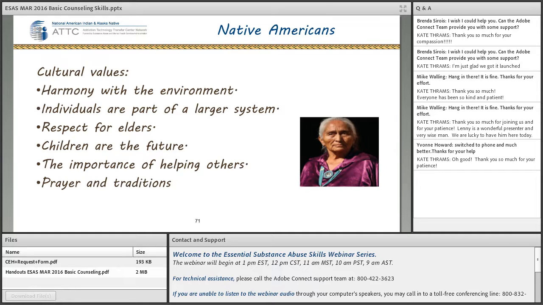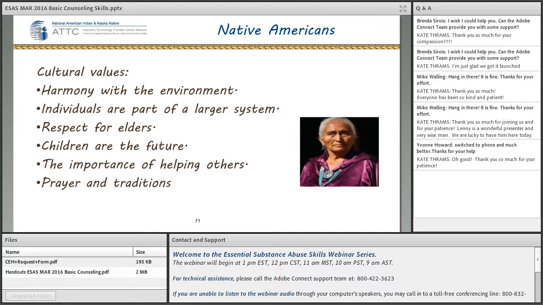Each person is seen as part of a larger system: the natural world, the nation, the community, the extended family. The goal of the people is to be a good relative to all others, as opposed to just being a good individual. The emphasis is on the good of the group or the community.